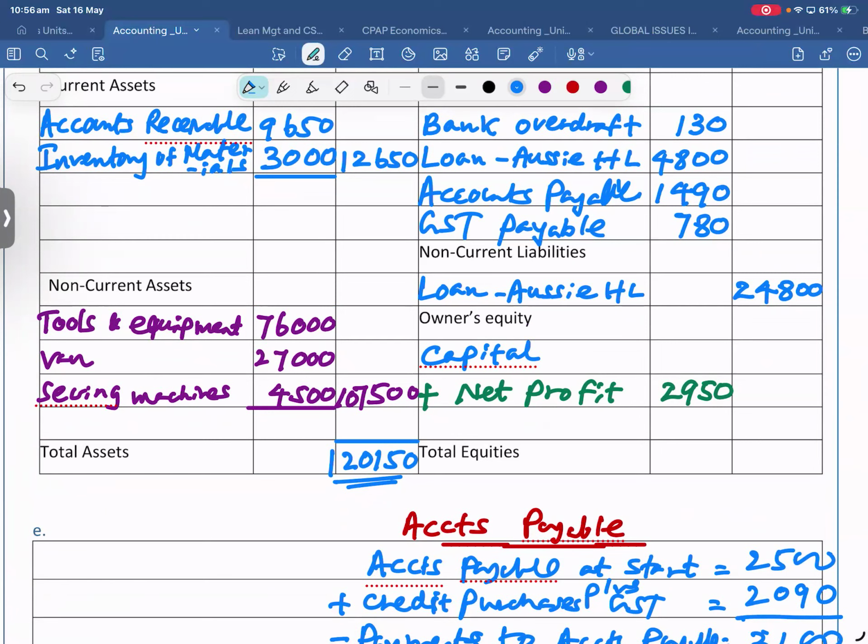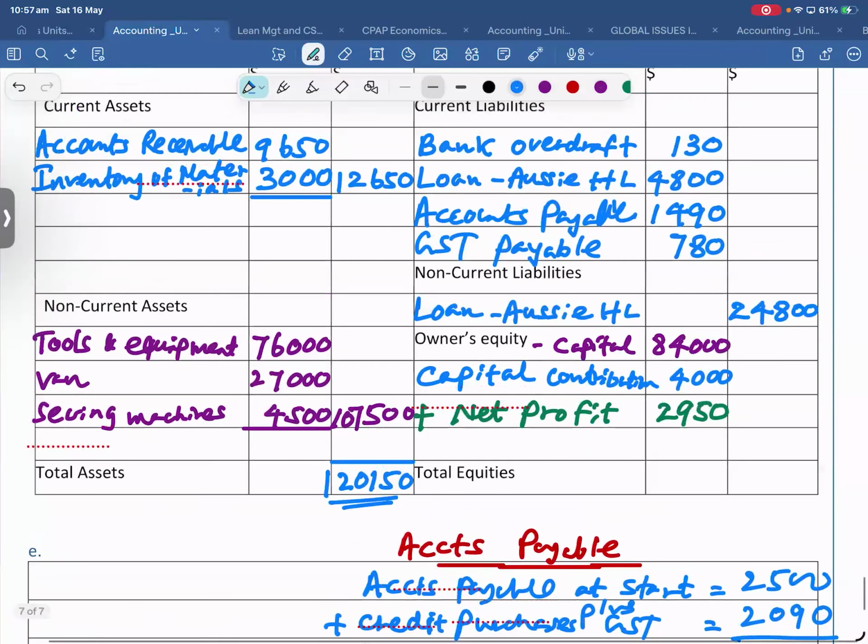Hold on. There is a small problem. Don't rub it though. I'm going to write here. Capital 84,000. Right. But there is another thing. There was a capital contribution. Yes. How much? 4,000. Yes.